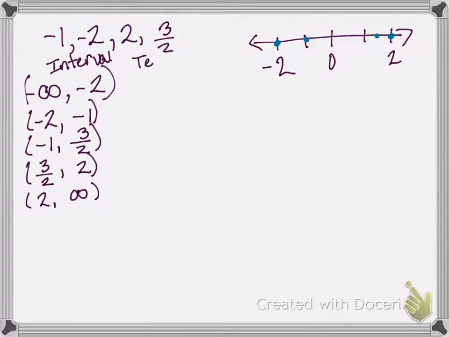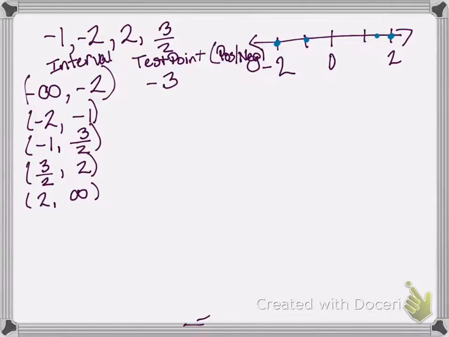Then here I'm going to write my test point, and after my test point, we're going to talk about whether or not it's positive or negative, and whether it's above my x-axis or below my x-axis, because that is telling me the behavior of my graph, and that's important when we look at sketching that. So our first test point, we're going to use negative 3.